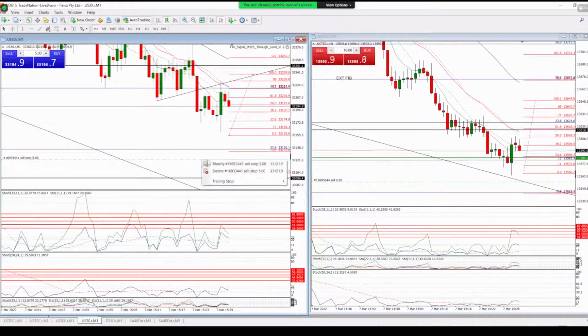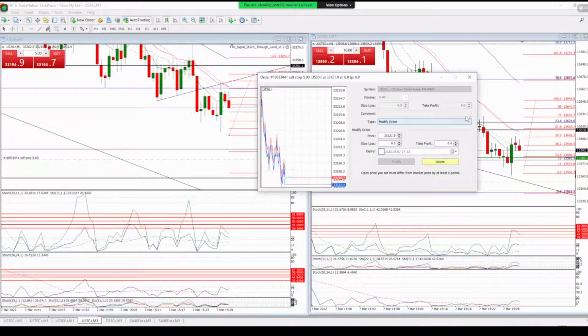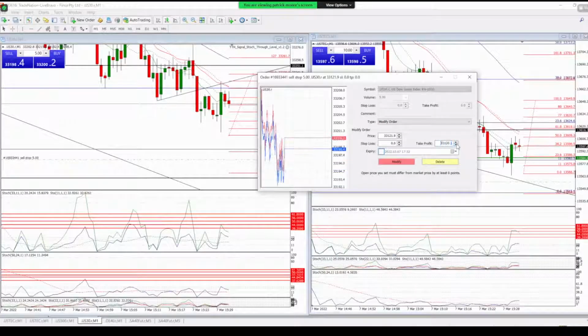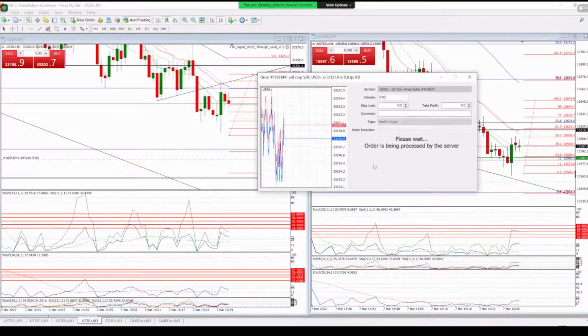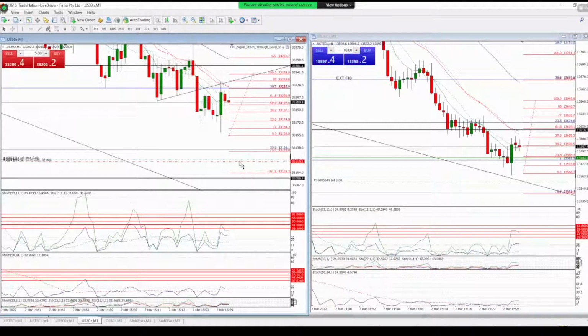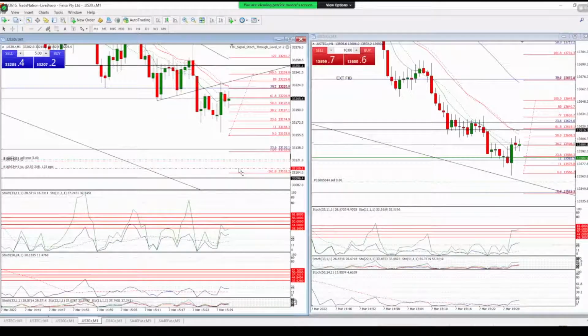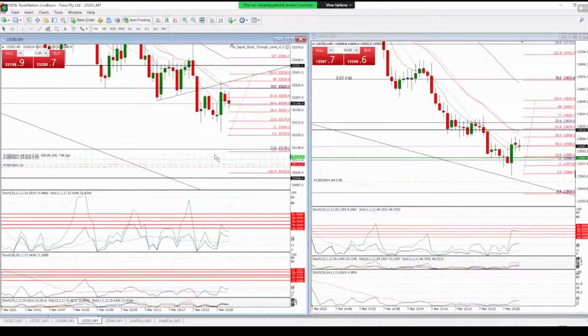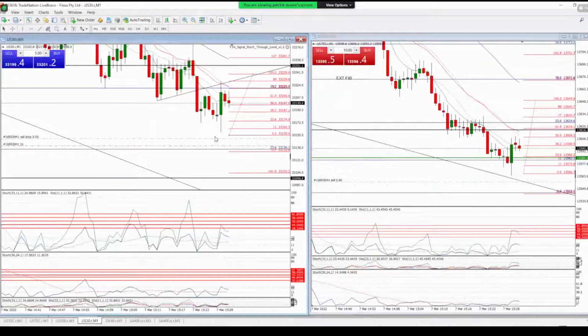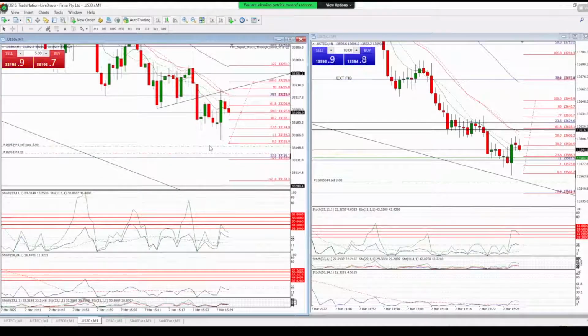Yeah, getting that right so long. Just waiting for this candle to close.